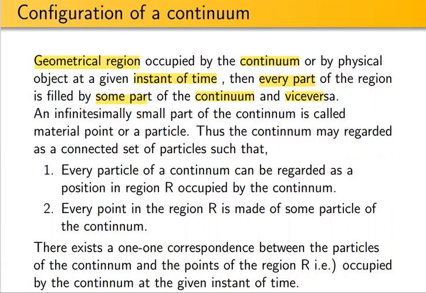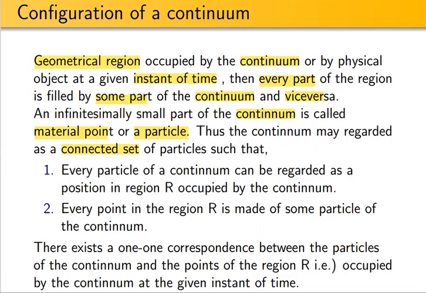An infinitesimally small part of the continuum is called a material point or a particle. Thus, the continuum can be regarded as a connected set of particles. Connected, very important, right? So there are no gaps.